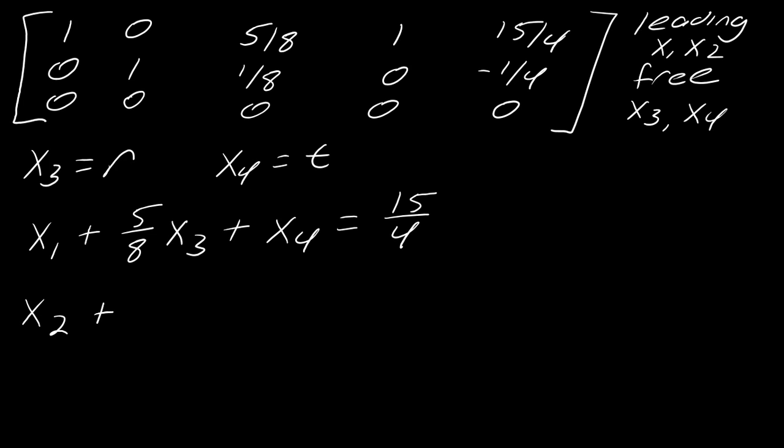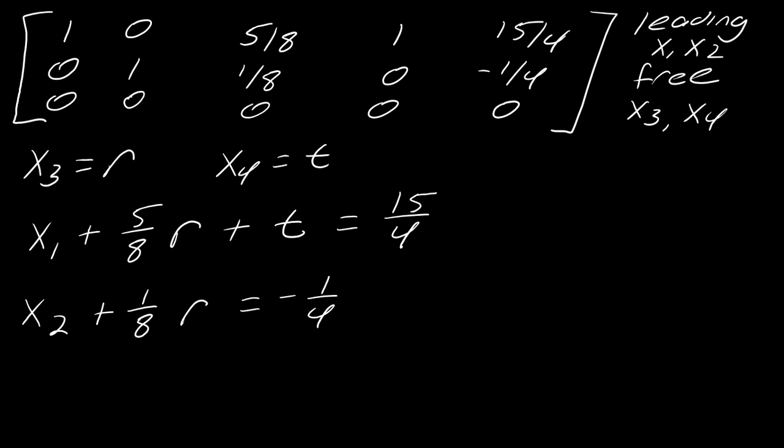And then the next line is x2 plus 1/8 x3 equals negative 1 over 4. Now you'll actually notice this is significantly easier to solve than with the Gaussian elimination. So I'm going to replace the x3s with the r and the x4 with the t, just so that I don't forget what's a free variable.